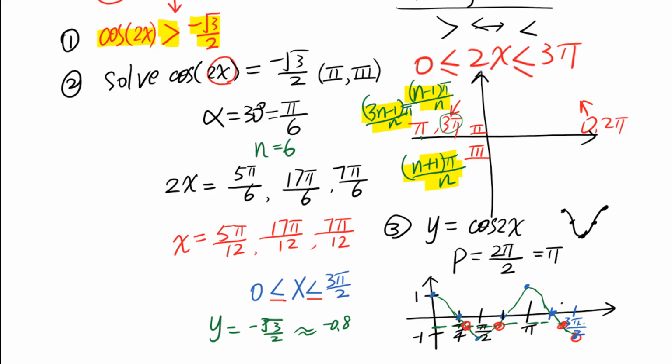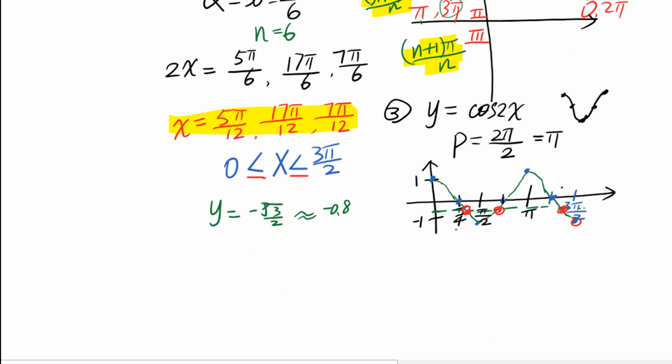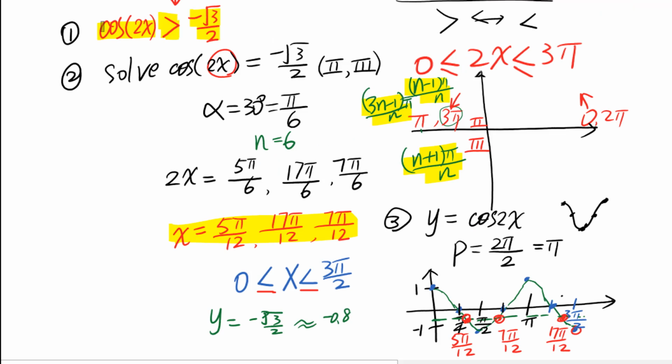You could say these 3 intersections will be the solution. Let's label these intersections. You have 5 pi over 12, 7 pi over 12, 17 pi over 12.